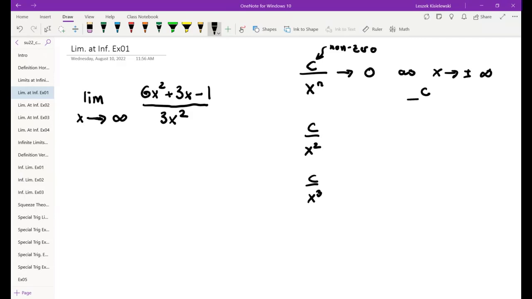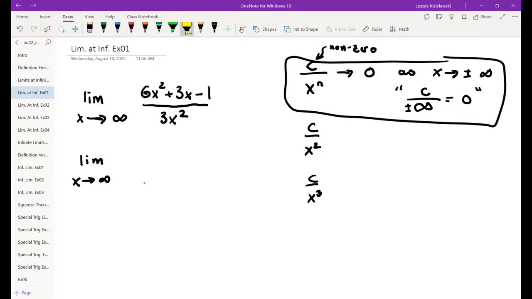The idea being that you have a fixed numerator, but the denominator grows arbitrarily large, so you get something that approaches 0. So in this problem, we want to take advantage of this fact.